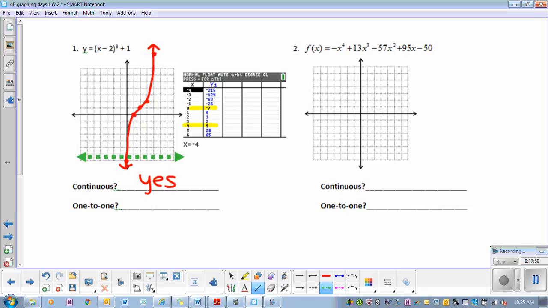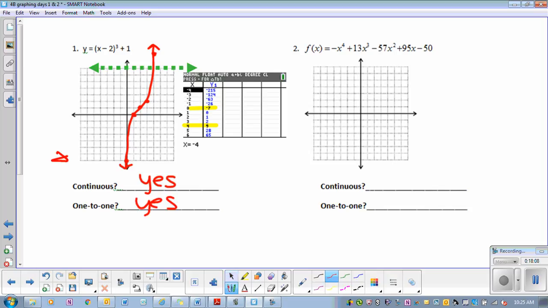Yes. Good. If I do the horizontal line test, does it hit the graph at only one spot? Yes. Okay. These kind of graphs, they are continuous and they are one-to-one. All right. And if I were you, I would put a star on this because you may see this again.